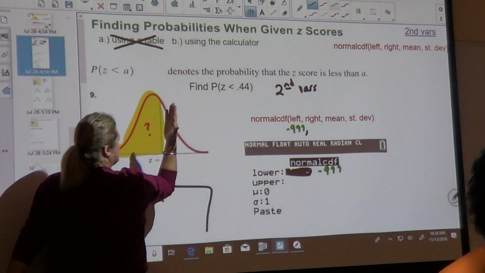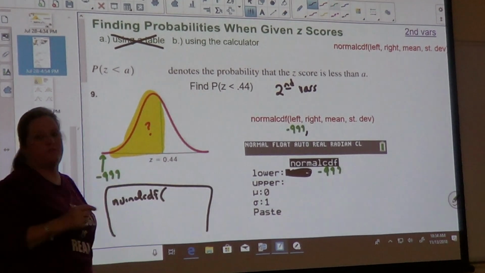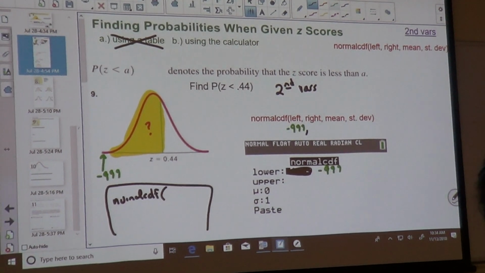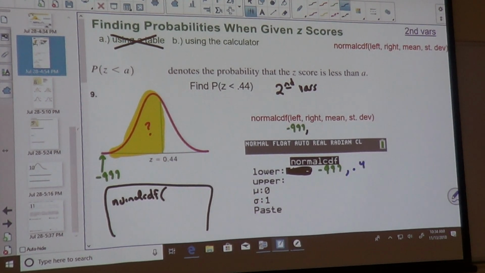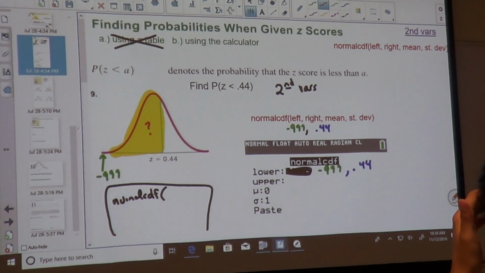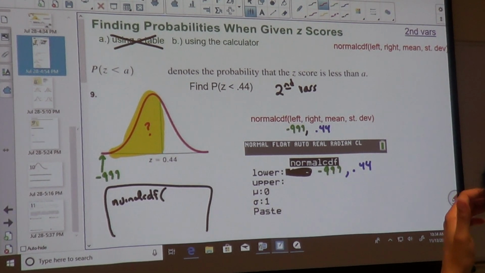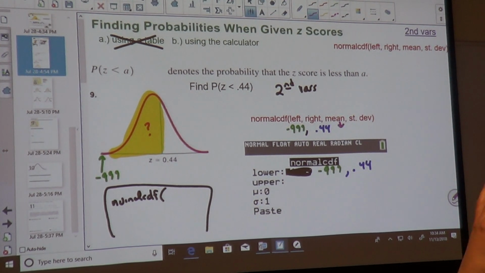Where did I stop shading on my right? 0.44. On my right, I stopped at 0.44. Now, because this is a normal curve, what did I tell you that the mean is always going to be? 0.